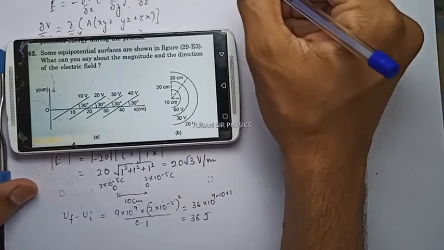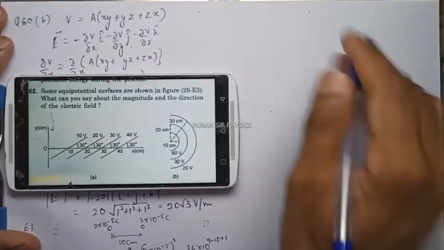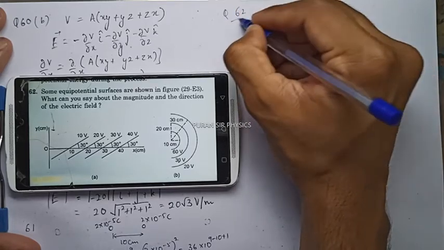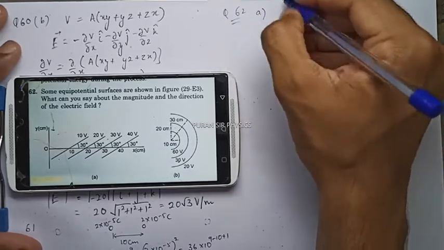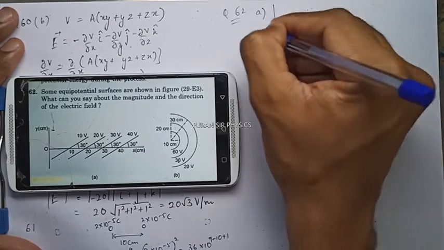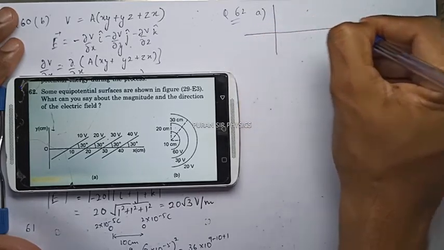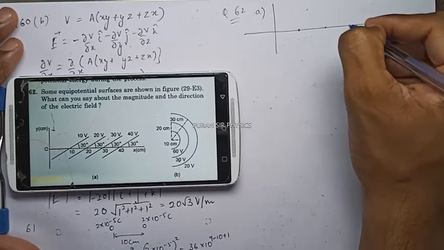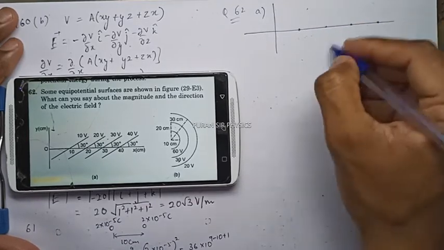So in question number 62, in part A, so what we have, this is your 10, this is 20, 30, 40.